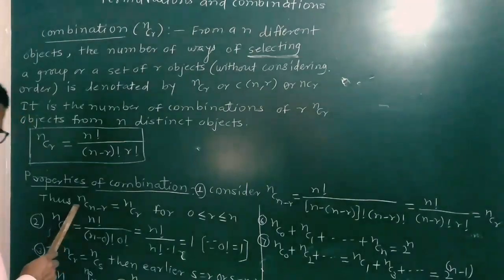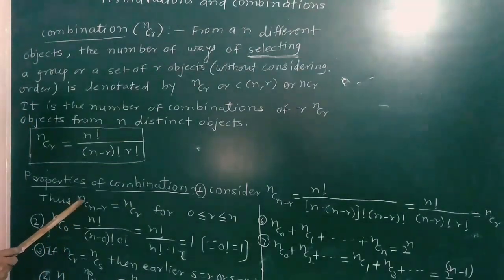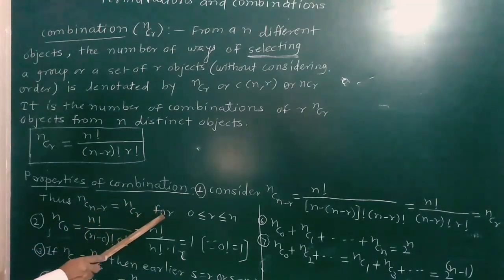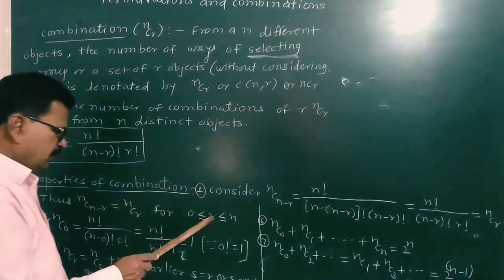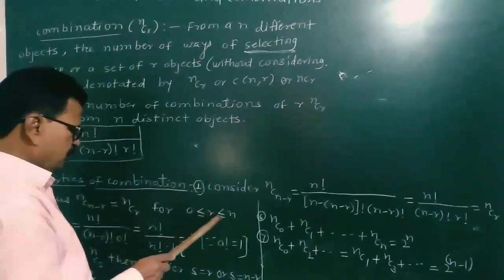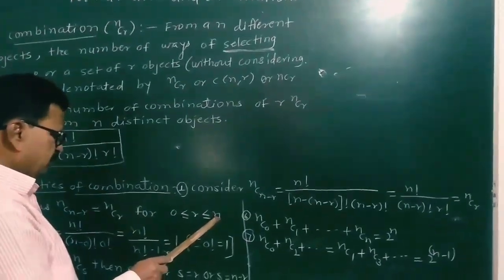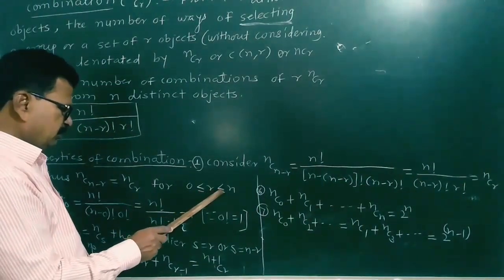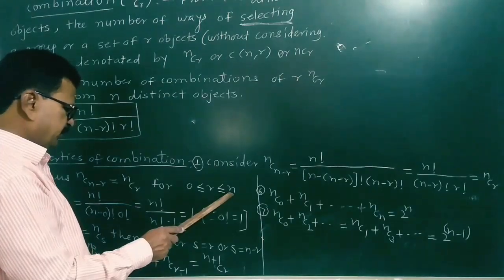Therefore, nC(n minus r) is equal to nCr, where 0 is less than or equal to r is less than or equal to n.